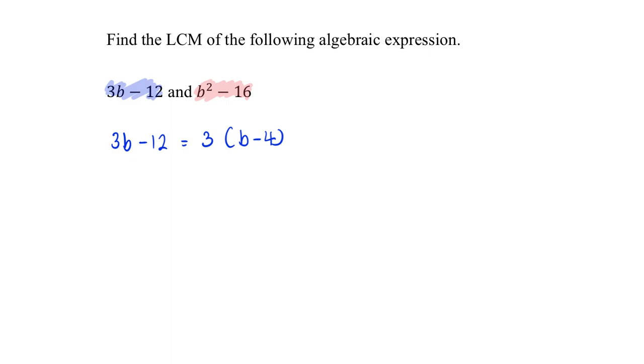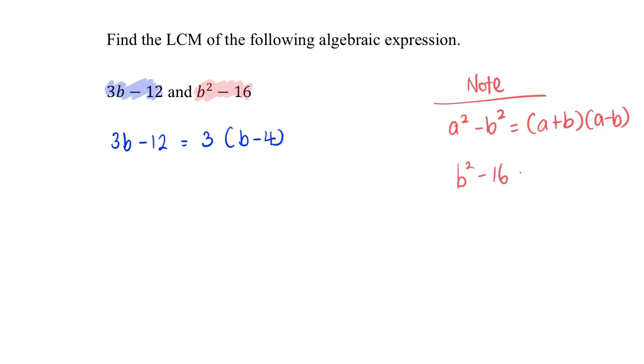And at this point, do remember that there's this special product, a squared minus b squared equals to a plus b, a minus b. And our b squared minus 16, I could rewrite them as b squared minus 4 squared.